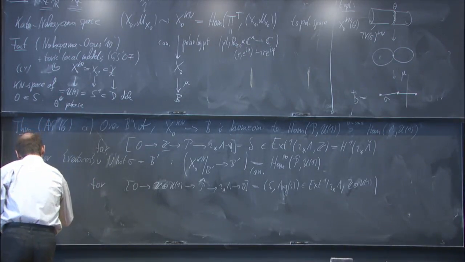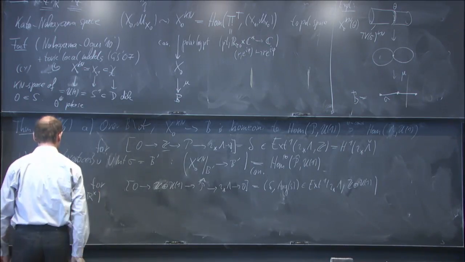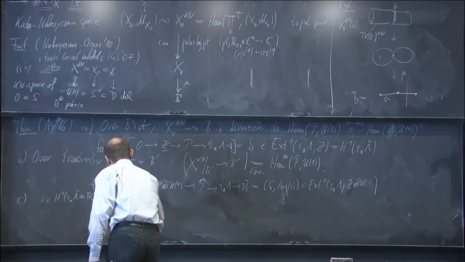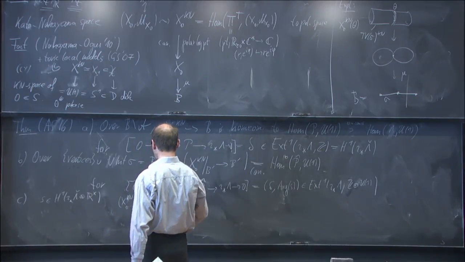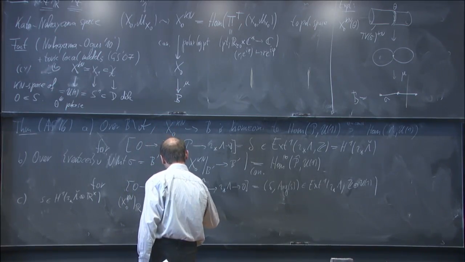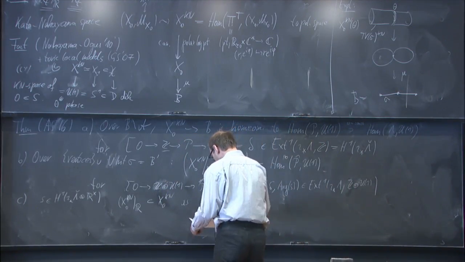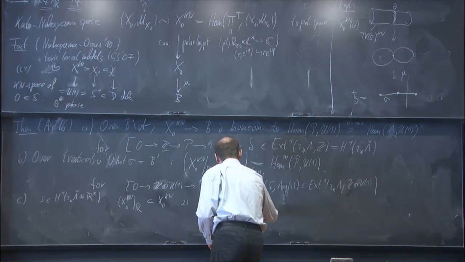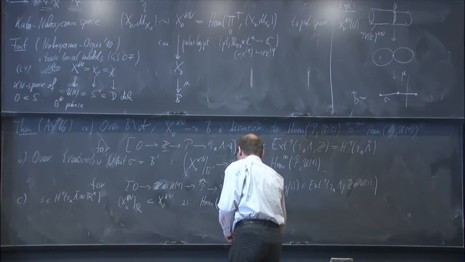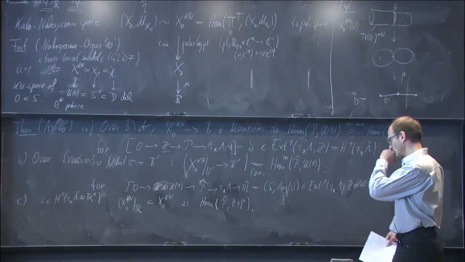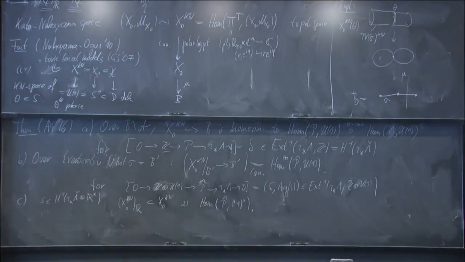So if this S is in H1 of iota lowest star lambda check tensor R cross, then the X0 K_n real locus sits inside as Hom(P check, plus or minus 1)^n. Okay. Right. So I think my time is up.